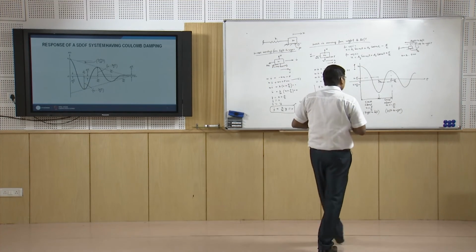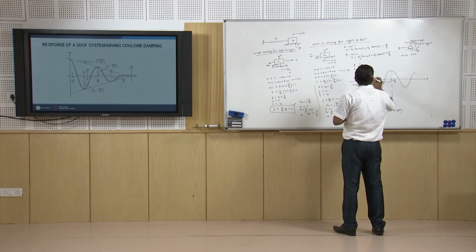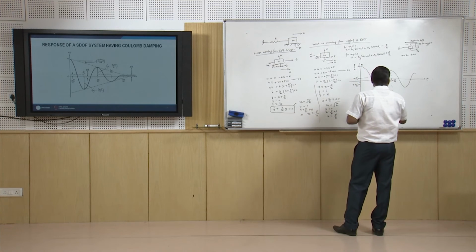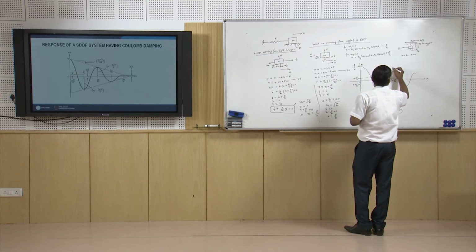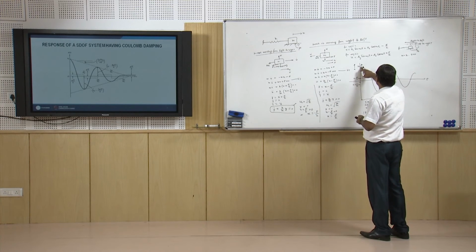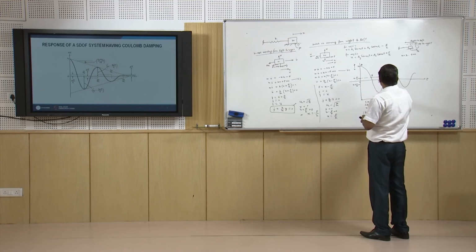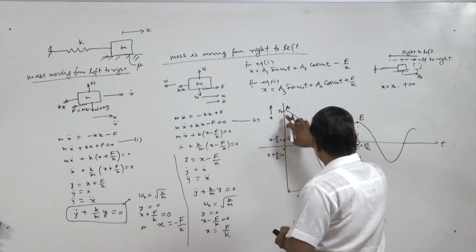So for this, let's say this is point A, this is point B, point C, point D, and point E. It starts its motion at A, then passes through B, C, D, and E. So this is the half cycle.